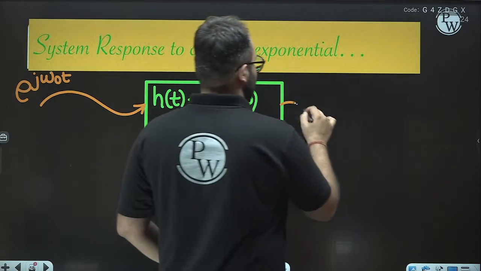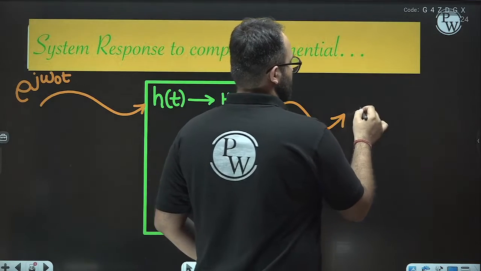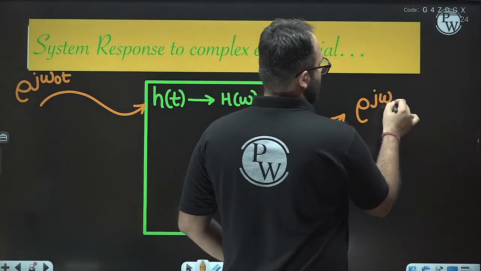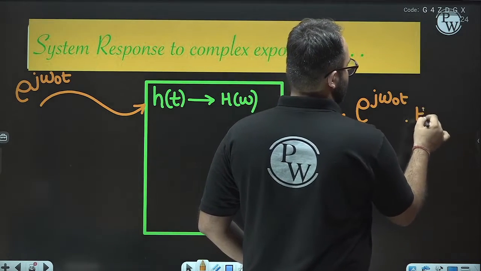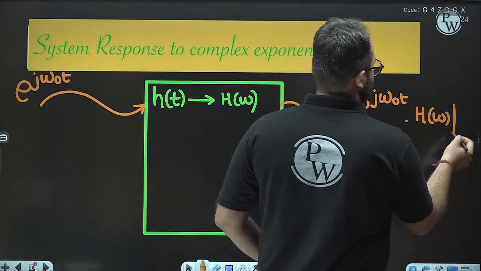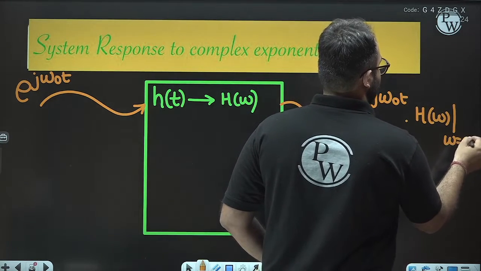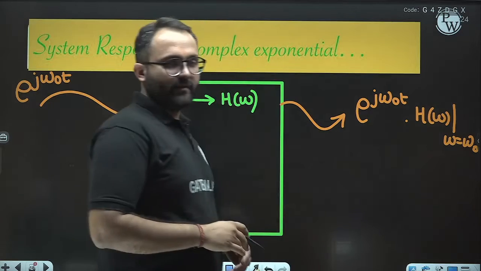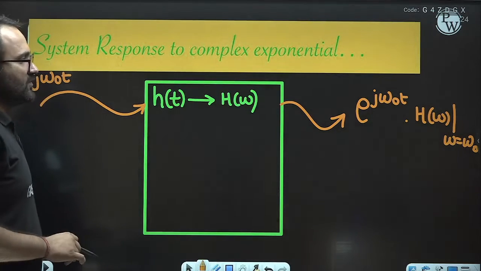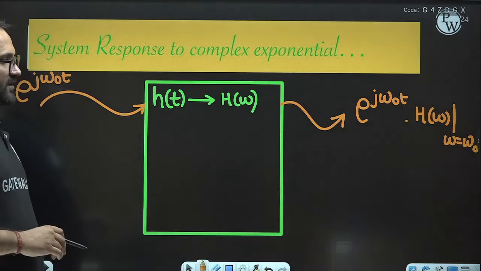Then the response is e to power j omega naught t multiplied by H(omega) at omega equal to omega naught.